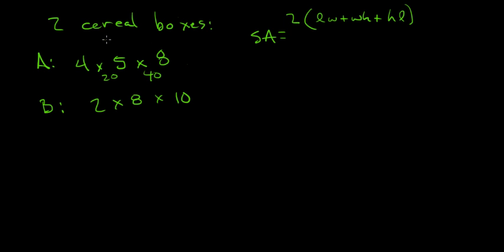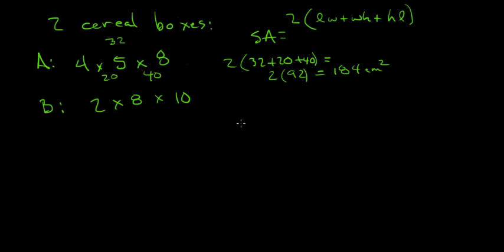And 4 times 8 is 32. So 2 times 32 plus 20 plus 40 equals 2 times 92 equals 184. Let's call that centimeters squared.